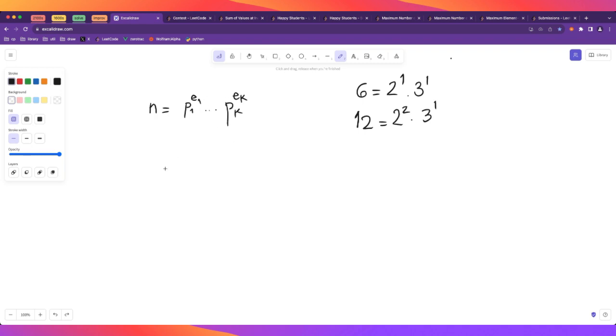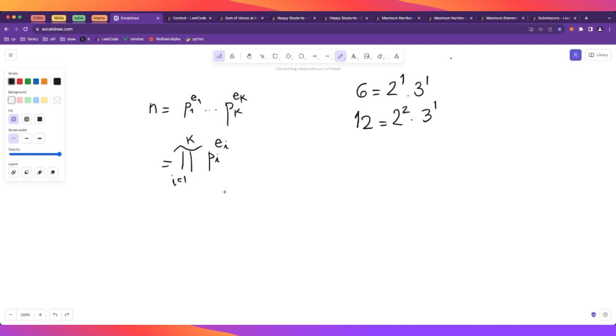Another way of writing this, the more programmer way if you will, is the same operation, but instead of a sum, it's a product, from i from 1 to k of b sub i to the e sub i.